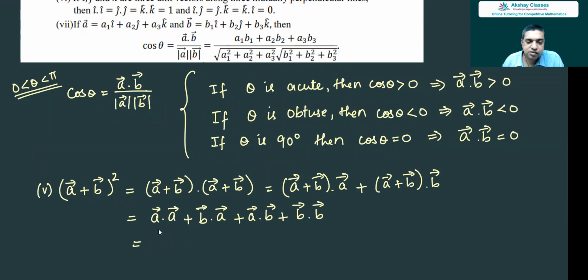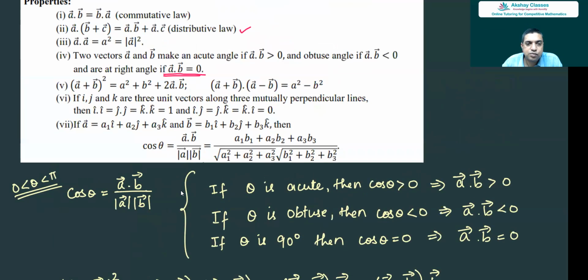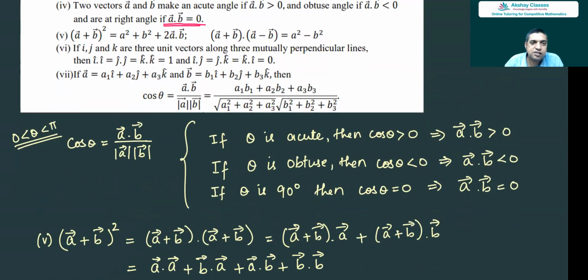So you get A square. That means modulus of A, if we just write as A, then this will be A square. Now A dot B is same as B dot A, commutative law, and this B we write as B square, and this becomes 2 times A dot B. So it is A square plus B square plus 2A dot B.